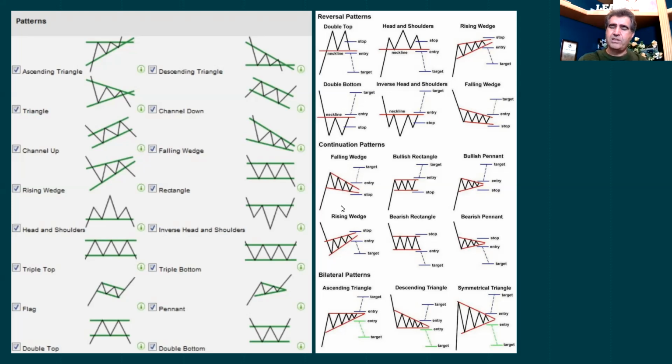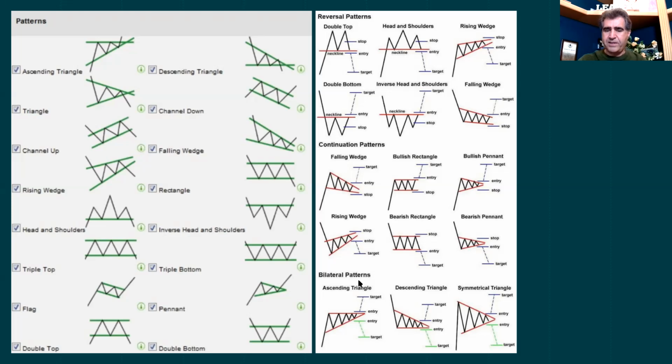From triangles, we have the channels, the double bottoms, the flags, the pennants, the double tops, head and shoulders. And then on the right side, I thought we could differentiate them into reversal patterns, the ones where the price actually changes direction, the trend, and then the continuing patterns such as the wedges, bullish rectangles, and the channels.